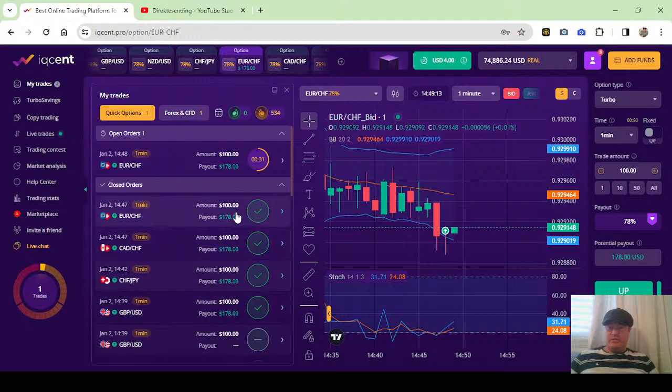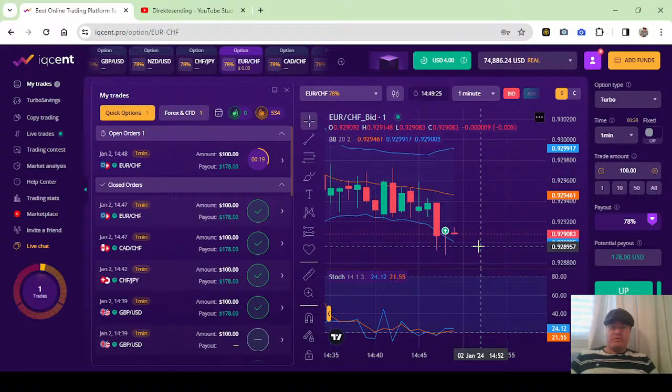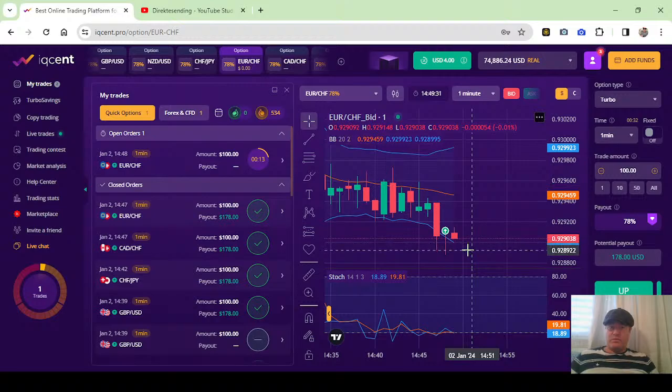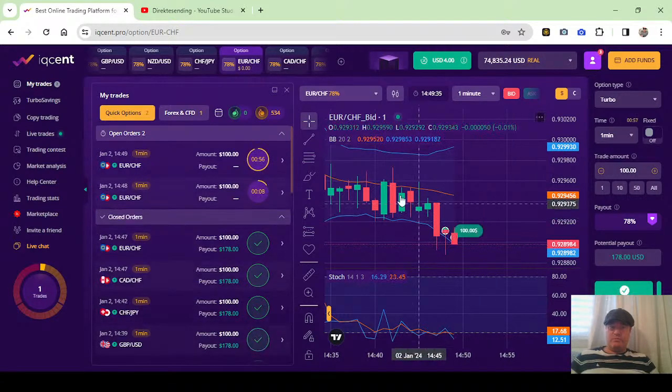So we have a little winning streak here now. And this one looks to be a winner also. We are getting many trading opportunities.